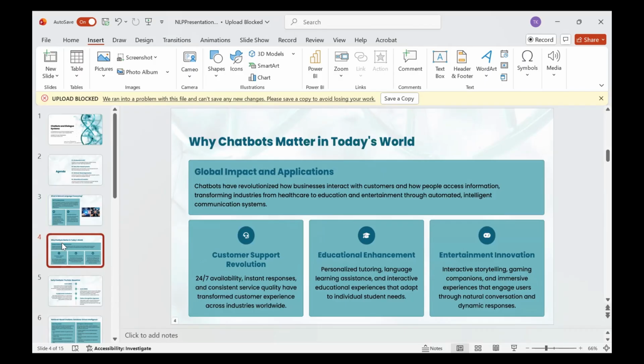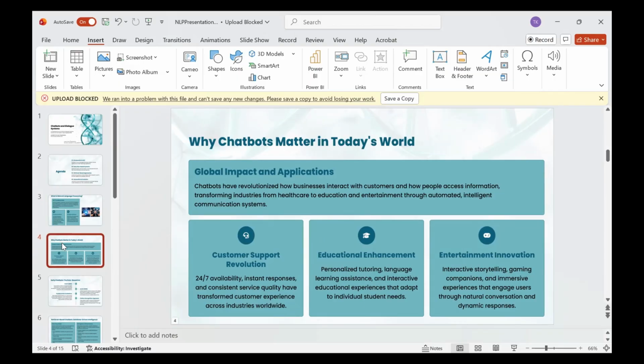So, why do chatbots matter in today's world? Chatbots have become indispensable across industries due to their scalability, speed, and consistency. From a global perspective, they have reshaped how people access information and interact with organizations, from healthcare and education to entertainment and customer service. In customer service, chatbots provide 24/7 availability, instant responses, and consistent service quality.